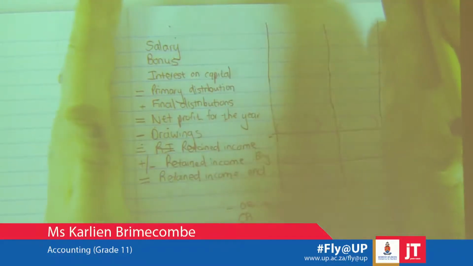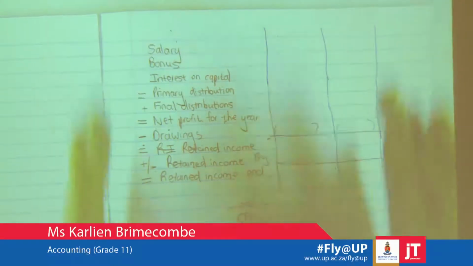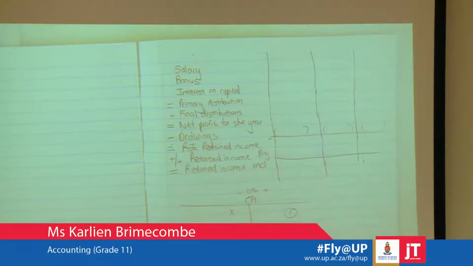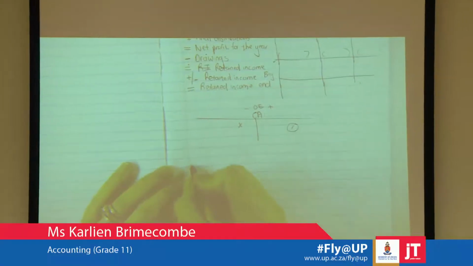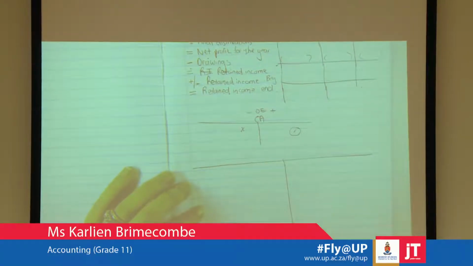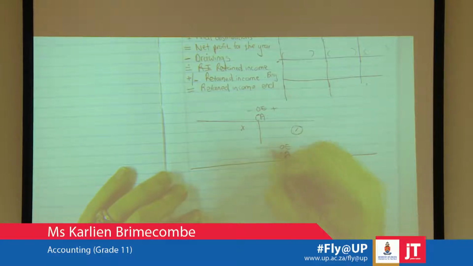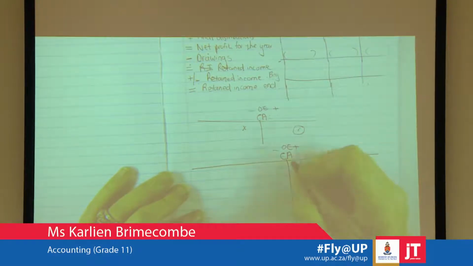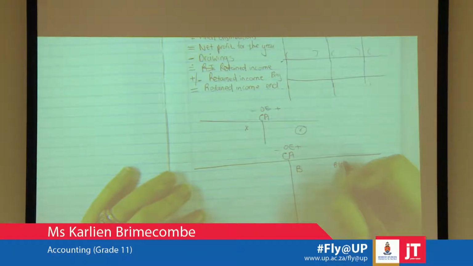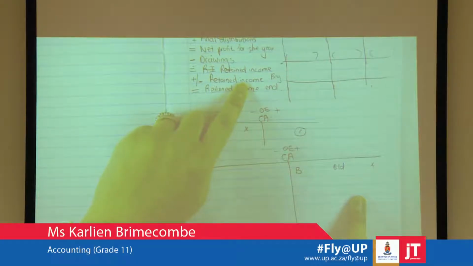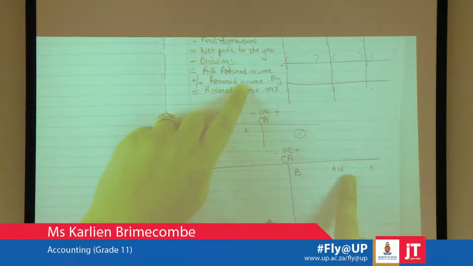Because all the information that appears in the note appears where? In the current account. So just to revise that, why do I say that? In my current account, let's just pretend it's a credit balance. The balance in the beginning will appear on the credit side. That's the retained income in the beginning. What is a partner entitled to?